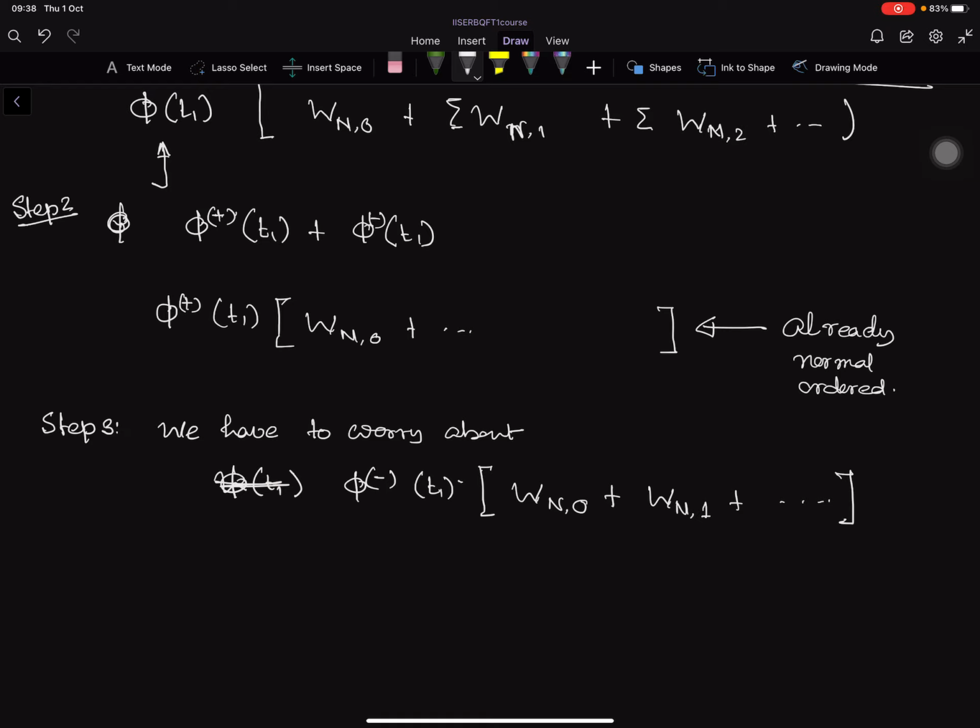Now let's consider phi minus T1 times some Wn comma m, where m is greater than or equal to 0 and less than or equal to the greatest integer less than n by 2.